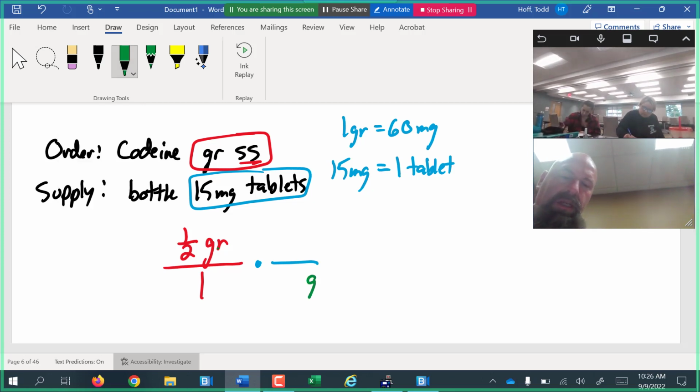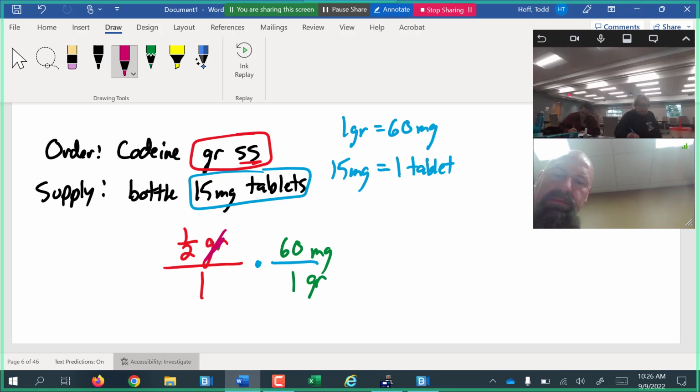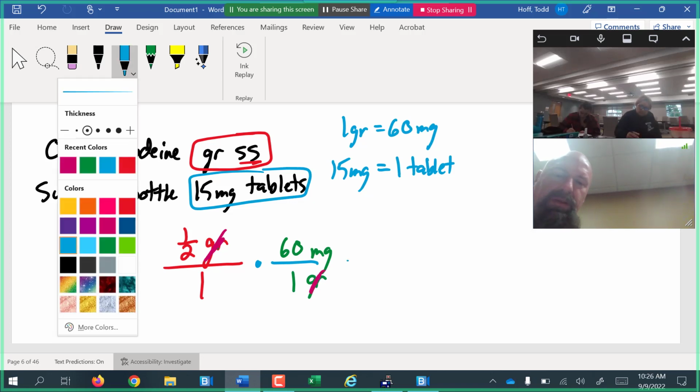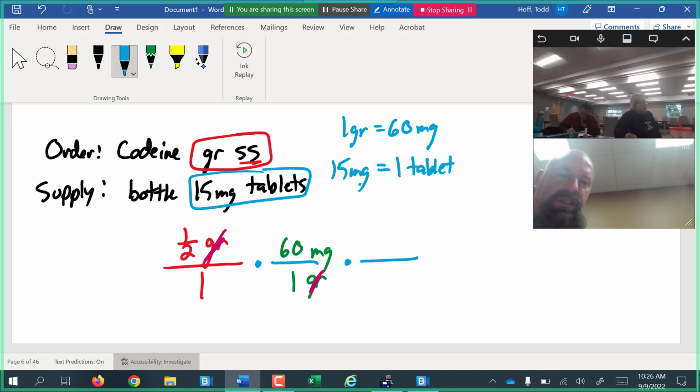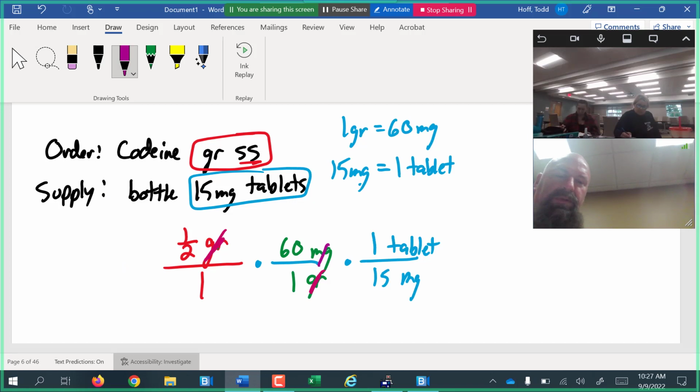Put grains on bottom. 1 grain equals 60 milligrams. And the grains will cancel out. Now we can use our equivalency from the supply. Milligrams on bottom, 15 milligrams, and tablets on top, 1 tablet. And so the milligrams will cancel out, and now we can calculate.